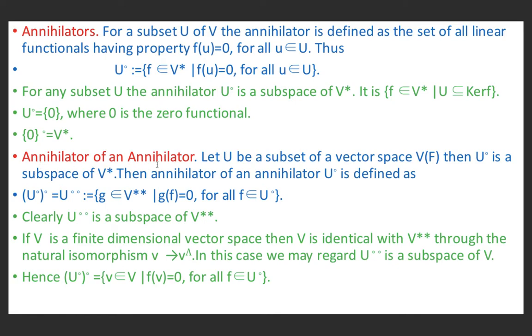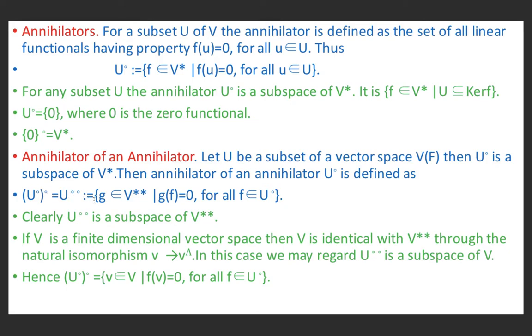Annihilator of an annihilator. Let U be a subset of vector space V, then U dot is a subspace of V star. The annihilator of an annihilator U dot is defined as U double dot. I have written it in superscript.